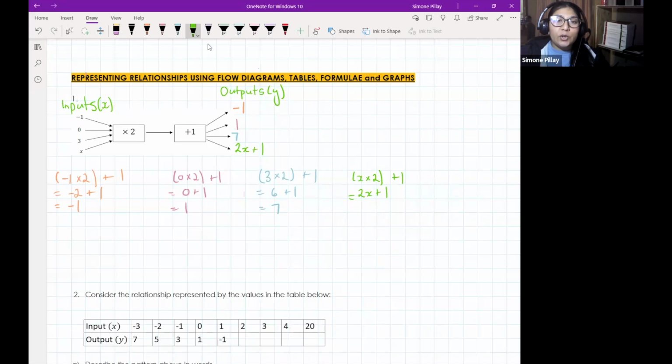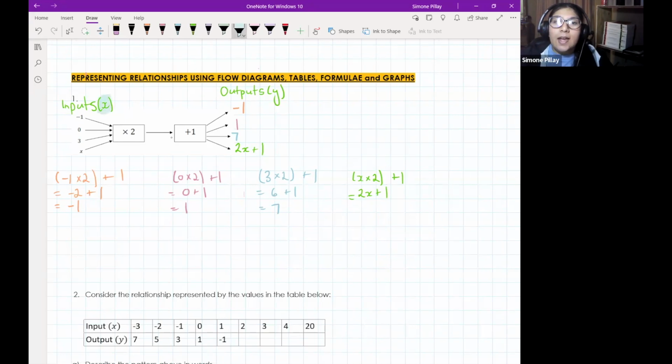Okay, cool. So, in case anybody has forgotten, some revision is that when we deal with these relationships, we have inputs into our relationship. And instead of writing inputs the whole time, we like to make life easy and just call our inputs x.